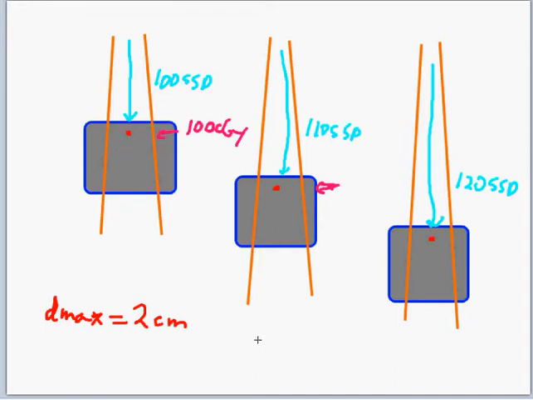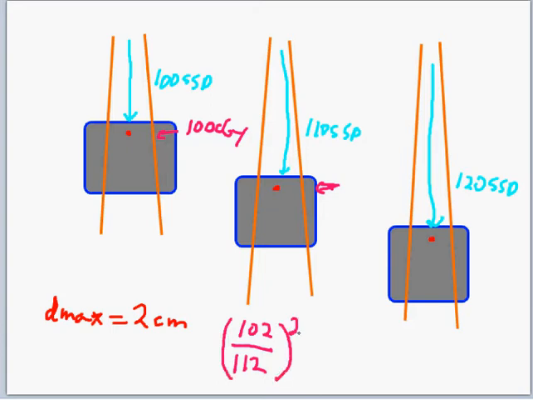So the real distances are 100 plus Dmax, 102, divided by 110 plus 2, so that's 112. And that's our relative distances, and then we're going to square it.